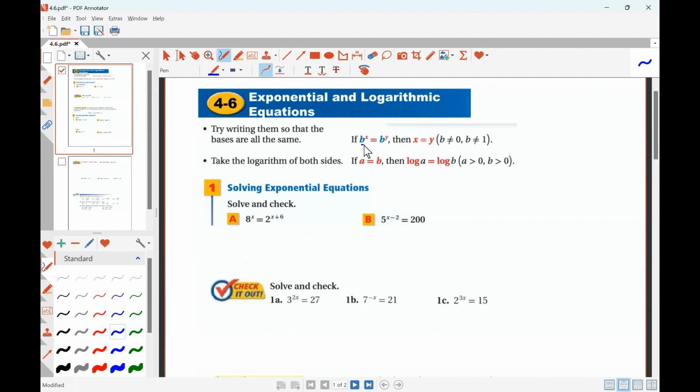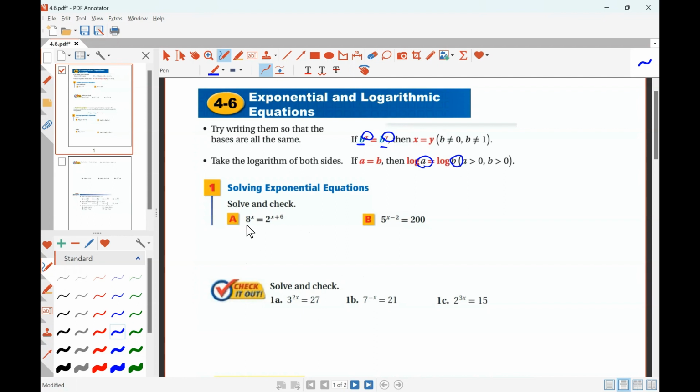If we have the same base on both sides, then we just have to set the exponents equal to each other and we will find our answer. This is the first technique. The second technique that we're going to use is taking the logarithm of both sides. By doing so, we will set the expressions written right beside the logs equal to each other. So let's start solving the questions.